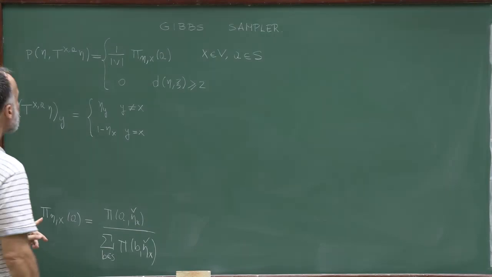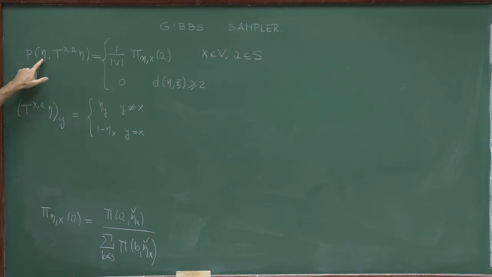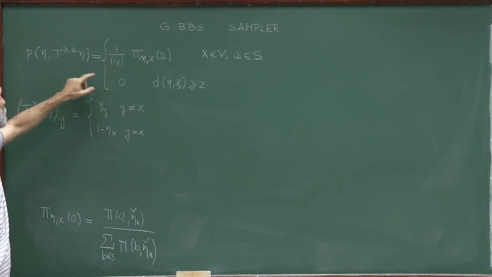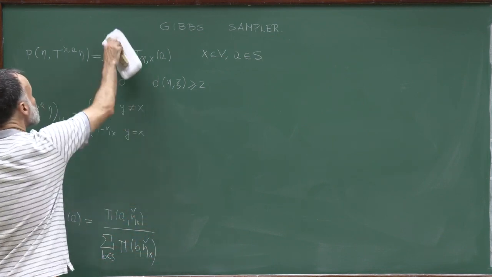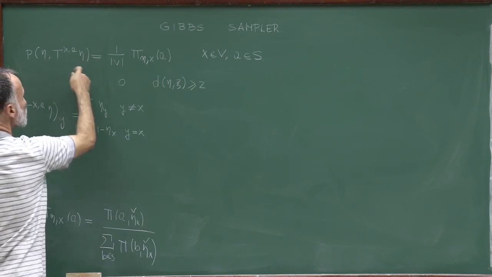So mind that here I just rewrote what we proved. So we obtained a formula for the probability that you jump from this configuration to that one. It's given by this formula. This is the probability to jump from this configuration to this one.